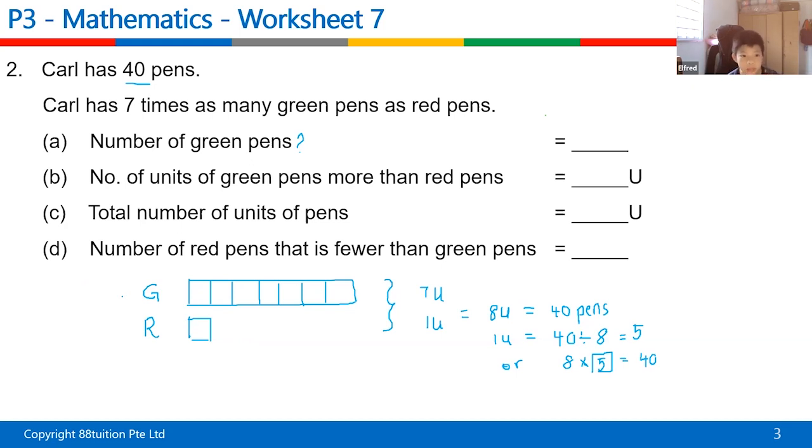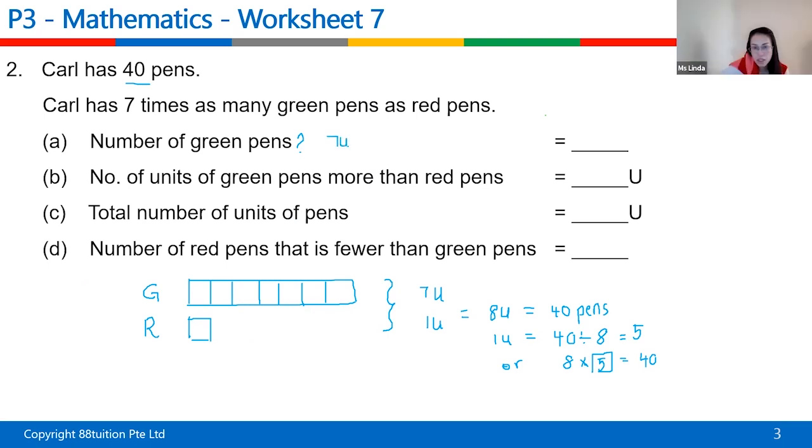Green pen, start with G. So how many units are there? How many squares are there? Hey, can you count the squares? Do you know what you're looking at? 7, yeah? Okay, you can see my drawing, right? Is it clear? Yes. Okay, so 7 units.